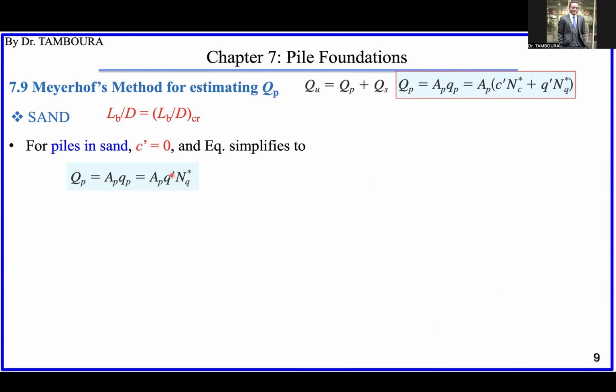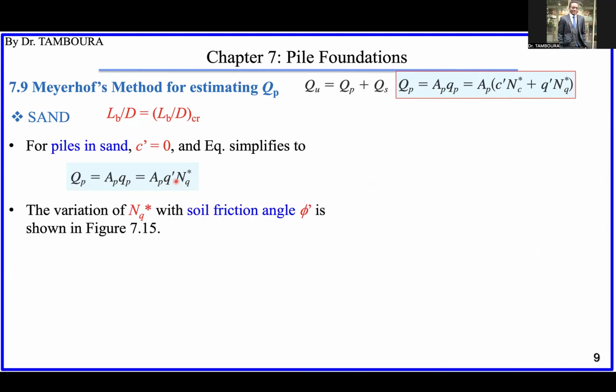So the tip or end bearing capacity of pile in uniform, homogeneous sand is given by this equation. It's very important for you to remember that. Now, in this equation, what do we have and what is unknown?